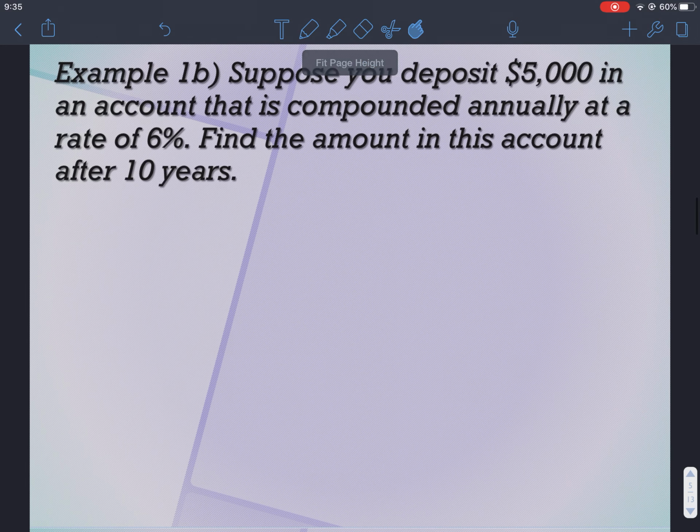Here's another example. Suppose you deposit $5,000 in an account that is compounded annually at 6%. Find the future value after 10 years. At this point, I would like you to pause the video and try the problem and see how you can do. All right, here we go.